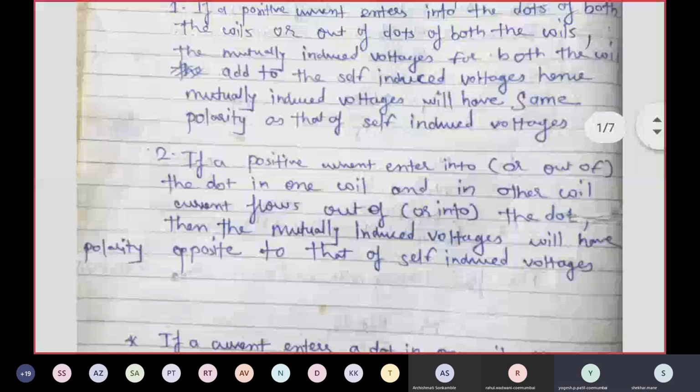No, sir. Sir, it is stuck in two dot convention. हाँ, एक मिनट. सबको नहीं दिख रहा है?